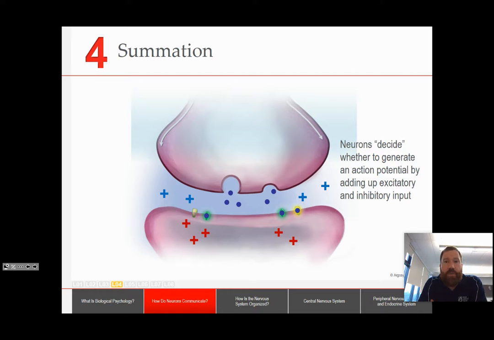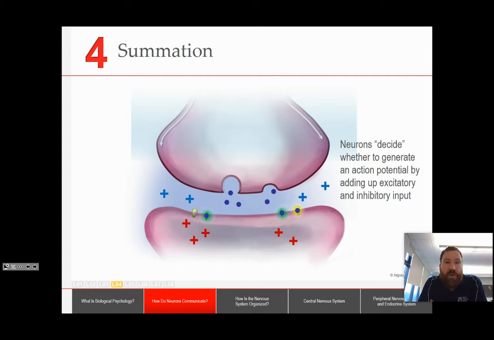So remember, each type of neurotransmitter essentially has its own shape. And that shape is directly connected to the shape of the receptor sites of the receiving neuron. So a neurotransmitter like dopamine is released. Let's just say it has a triangular shape, just for the sake of argument.